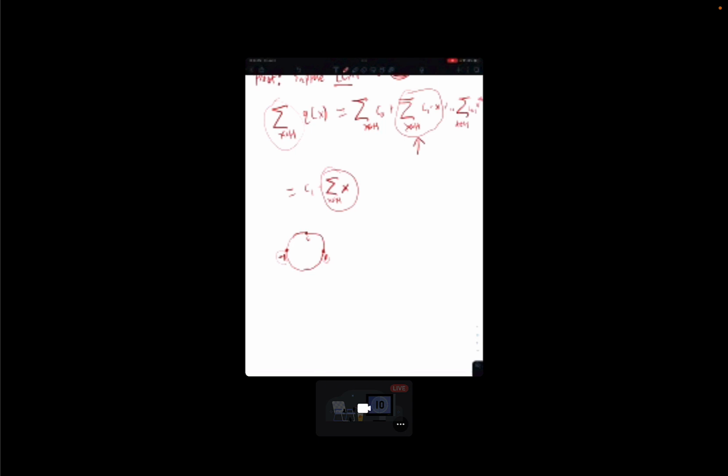And you can check, if you add up the fourth roots of unity, 1 plus minus 1 is 0, and i plus minus i is also 0. So you can pair up the fourth roots of unity so that they cancel out with each other, and therefore their sum is 0.